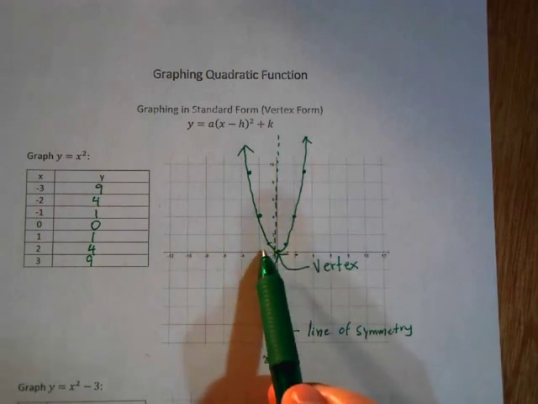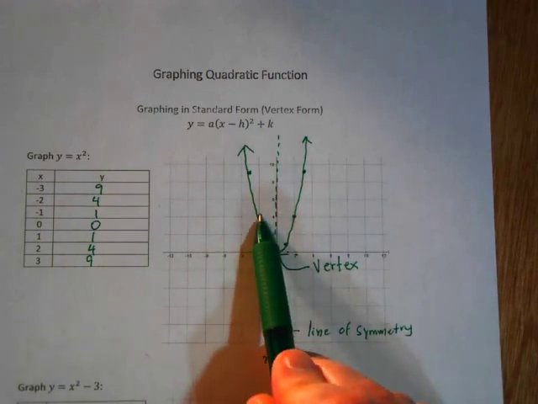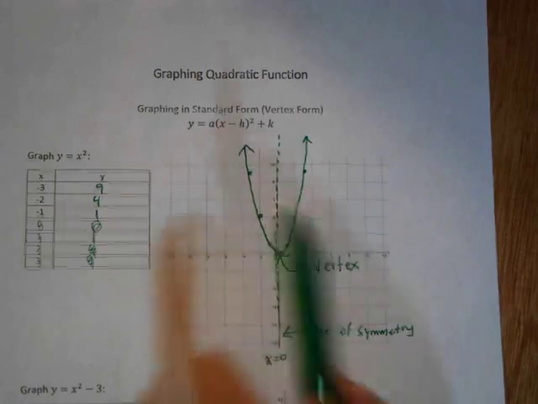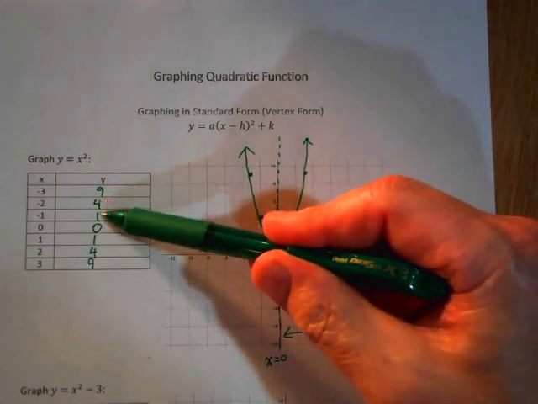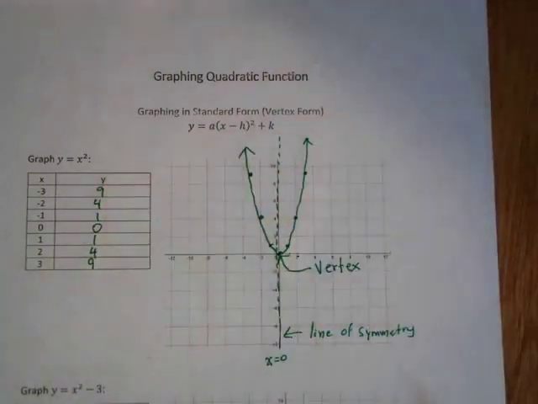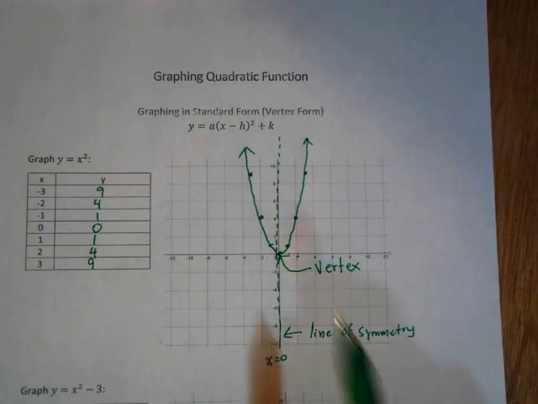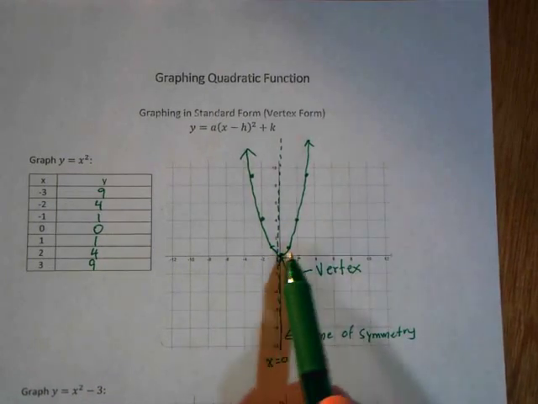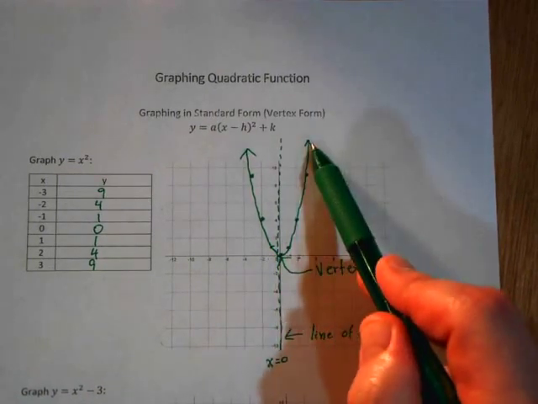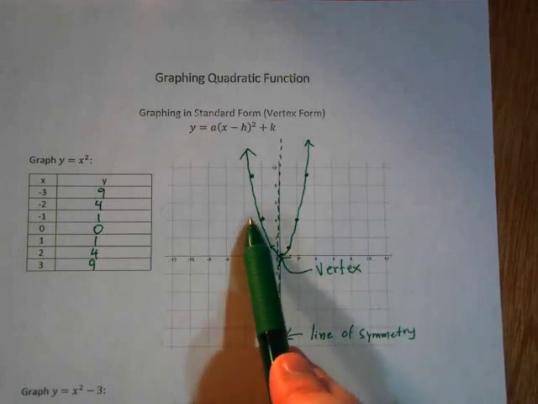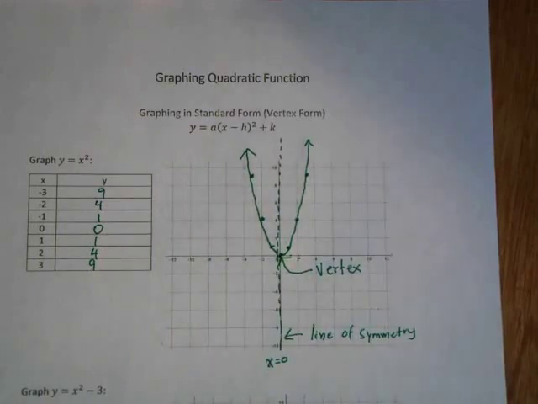If I went 2 steps to the left, I still got y as 4. You see that repeat in all the numbers. So finding points on a parabola is going to get easier once we have an idea of where the vertex is. If I have the points on the right-hand side of the vertex, I can just use the mirror property and I immediately get the points on the left-hand side of the vertex.